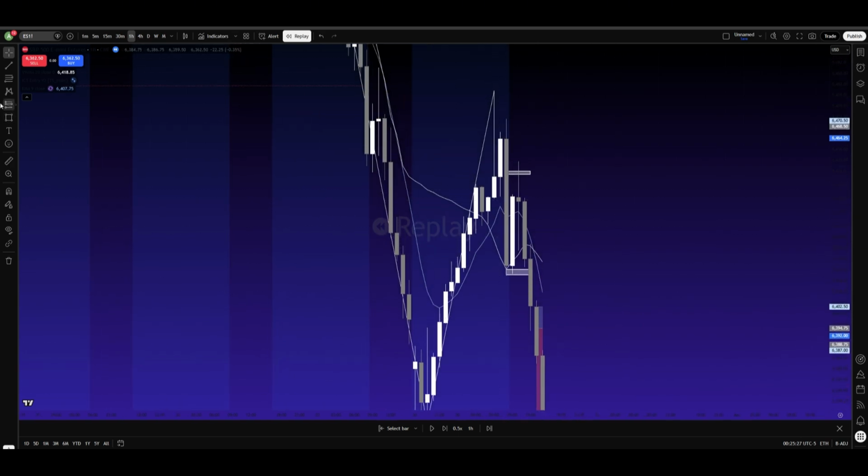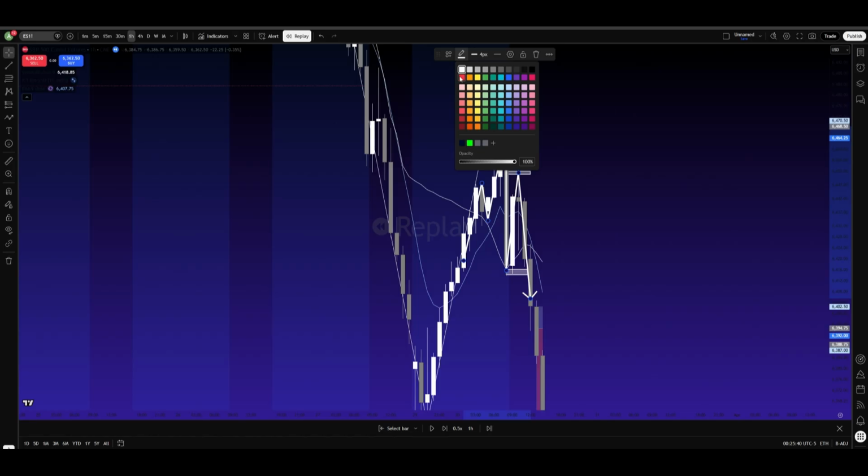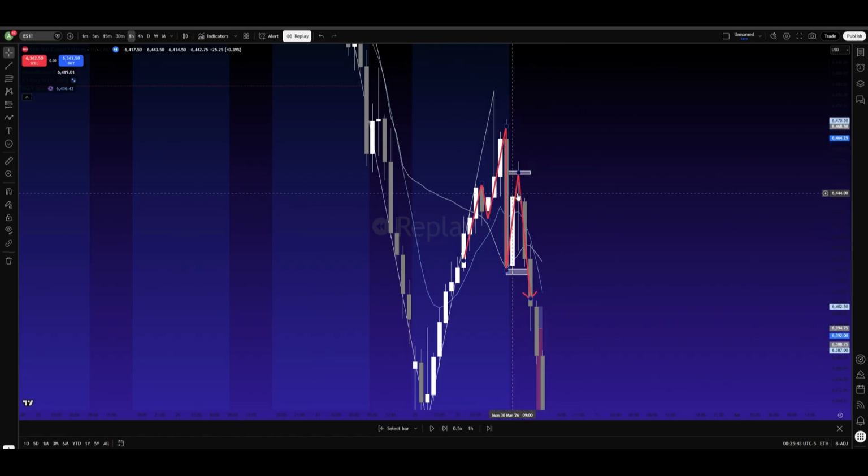It looks something like this. Hope you guys can see that. Here, I'll make it bigger. Let's make it red. Alright, you guys see the structure, right? That's just a classic reversal pattern right there.